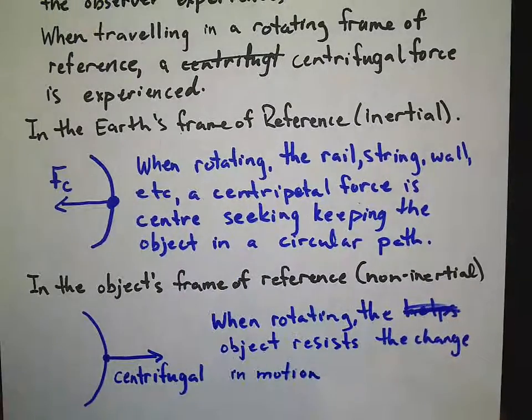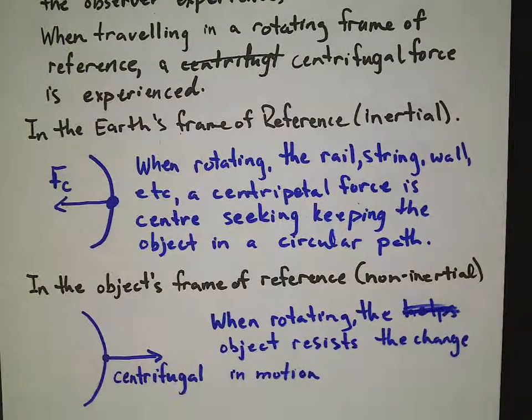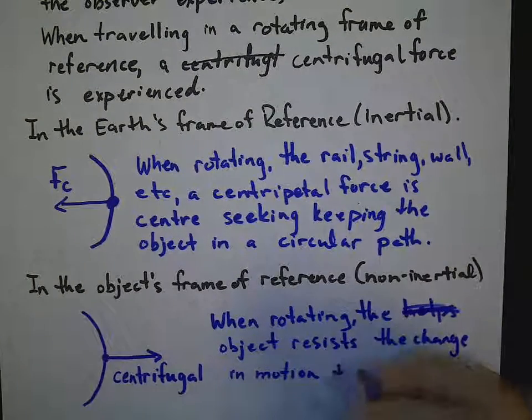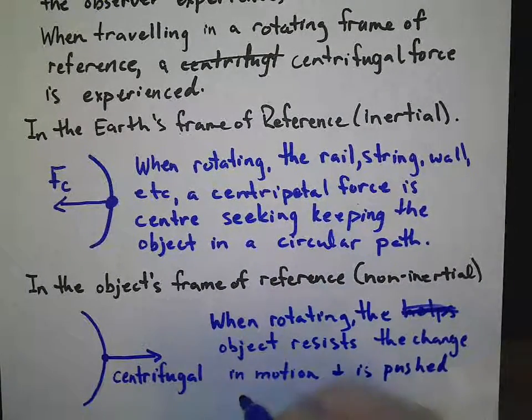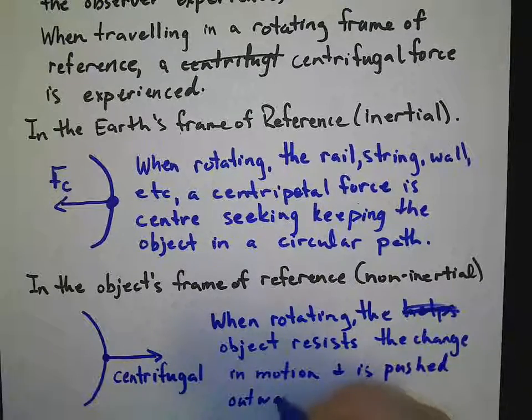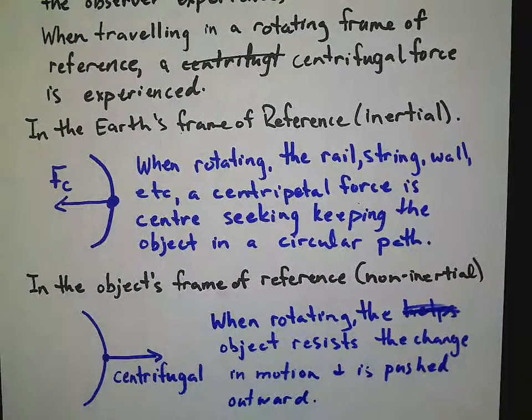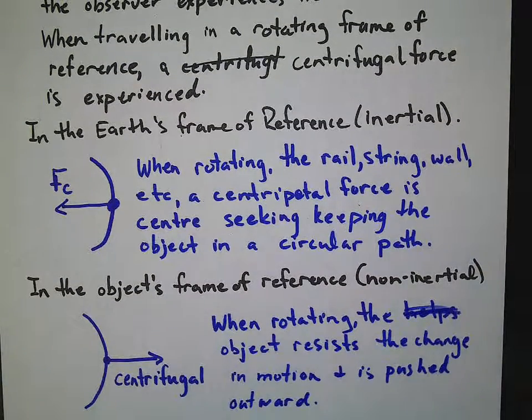And this is why if you're ever on a ride like the Gravitron, we feel like we are being pushed outward. Now remember that our centrifugal force exists in a non-inertial frame to help explain the uniform circular motion. However, in our inertial frame where Newton's second law exists, this doesn't actually occur.